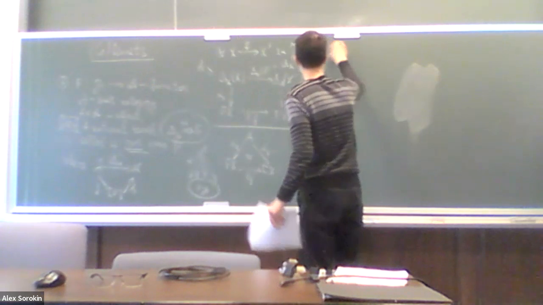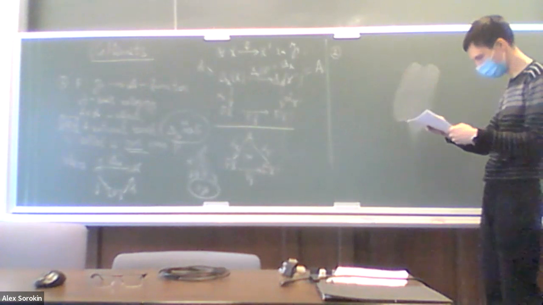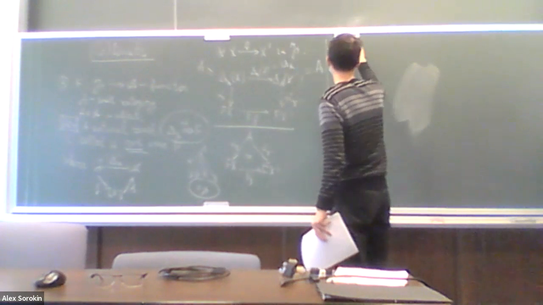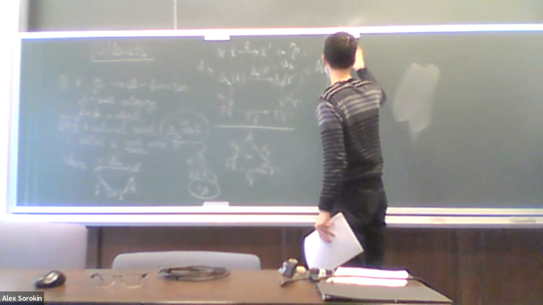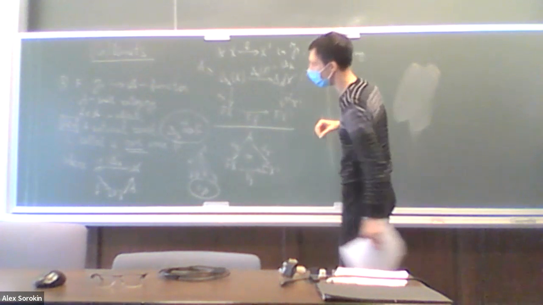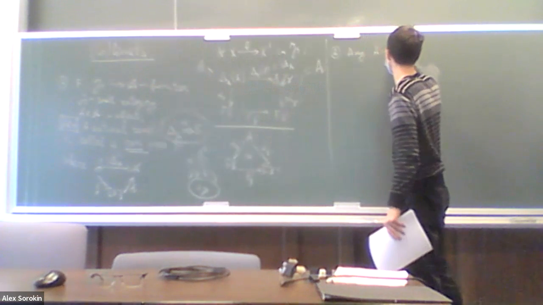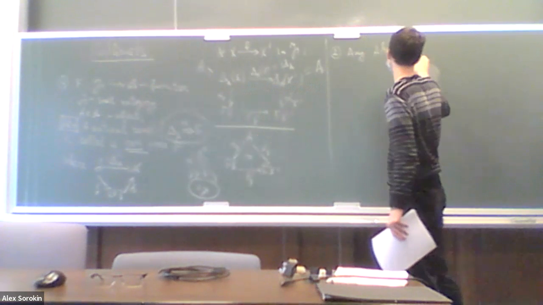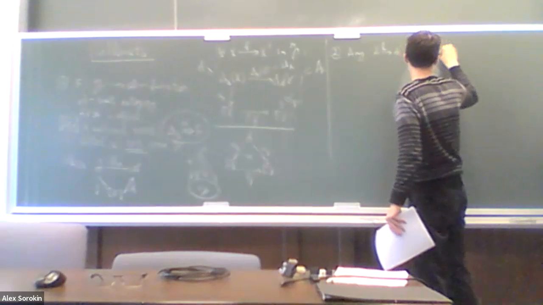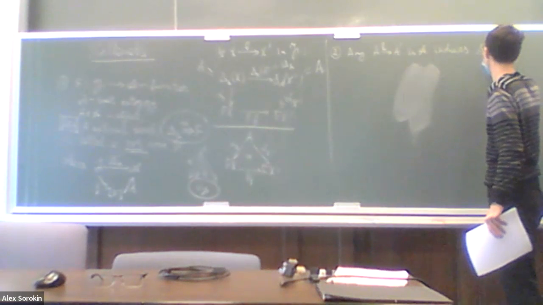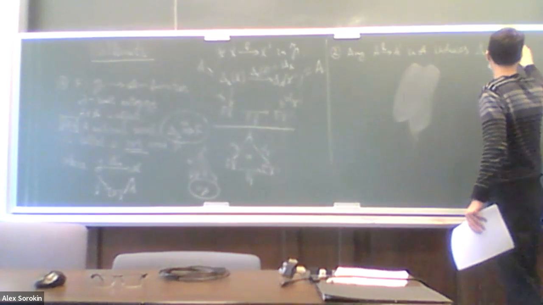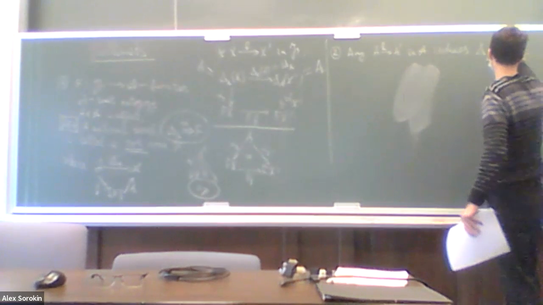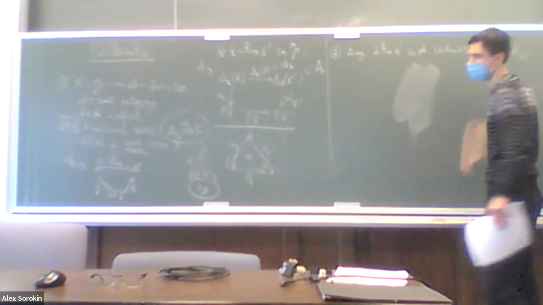So part two. Any morphism from A to A prime, let's call it h in A, induces a natural transformation, delta sub A to delta sub A prime, delta sub h.